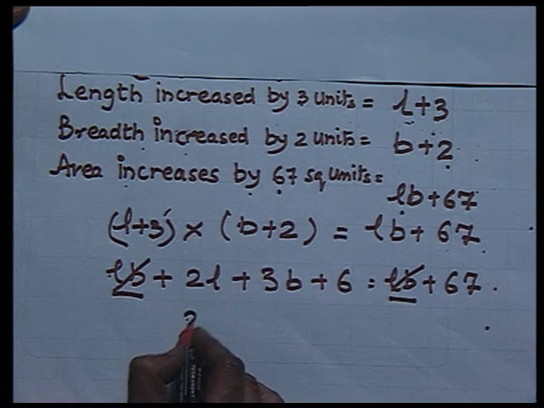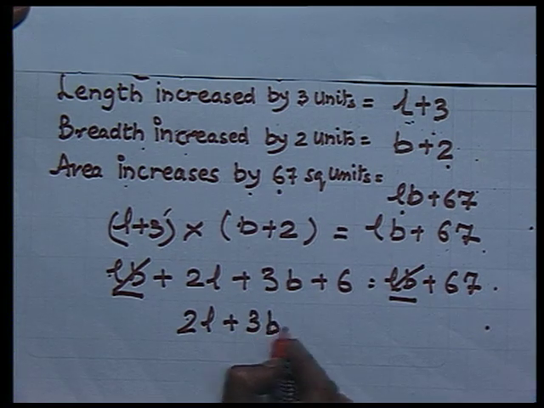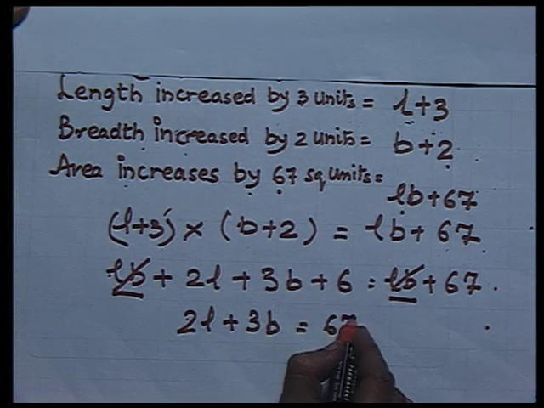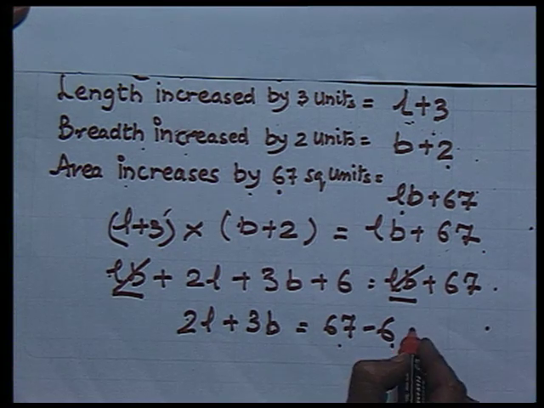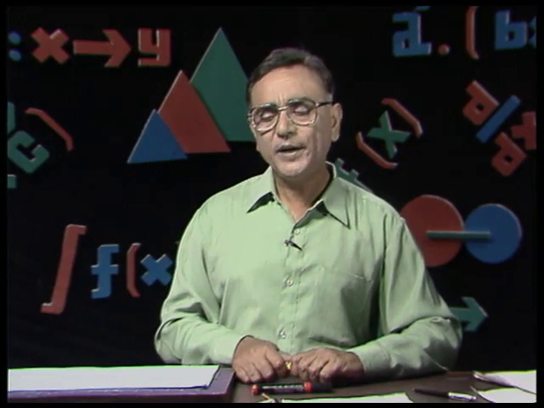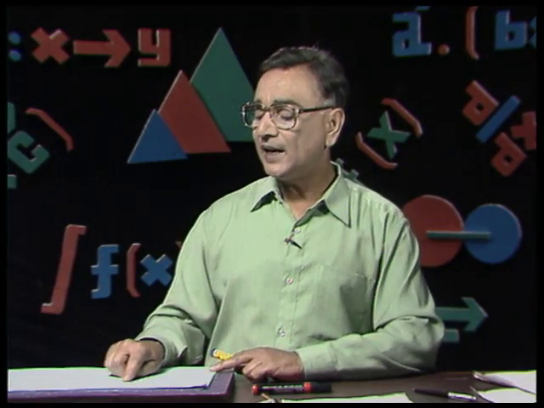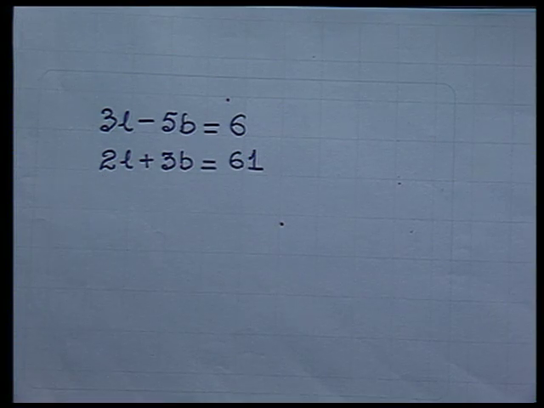So, we get the final equation as 2L plus 3B equals 67 minus 6, and 67 minus 6 is how much? That is 61. So, we got two equations: 3L minus 5B equals 6, and the second equation 2L plus 3B equals 61.